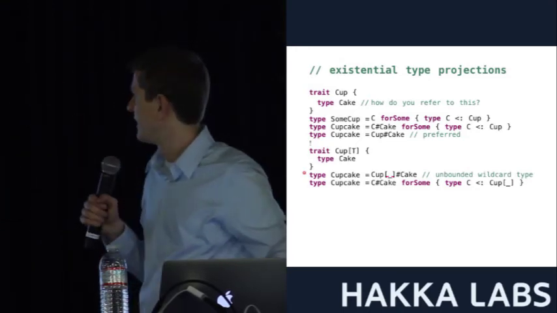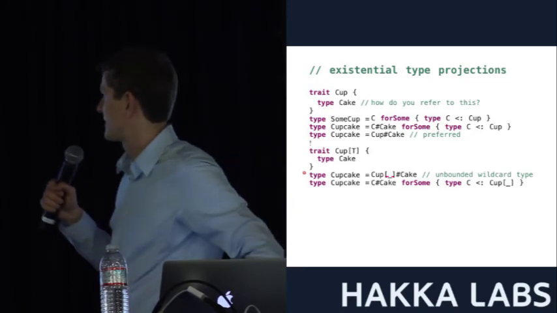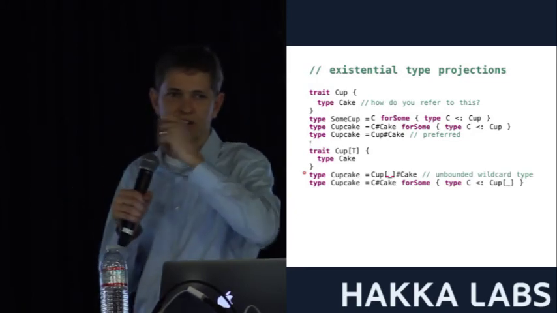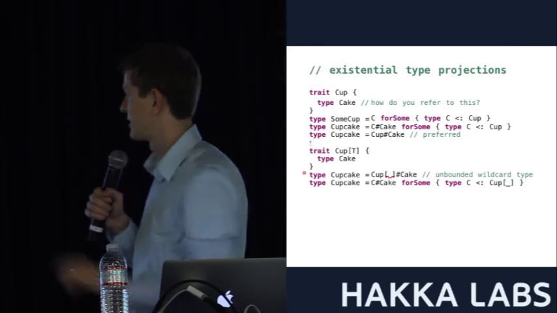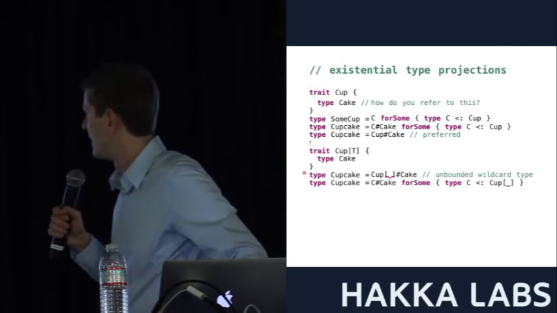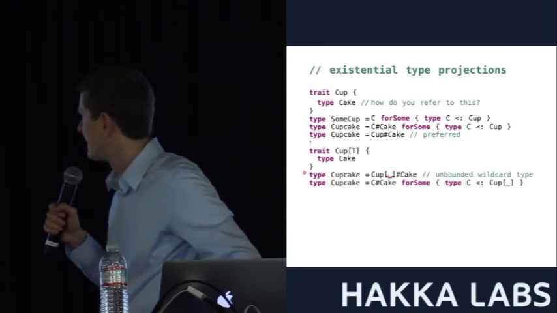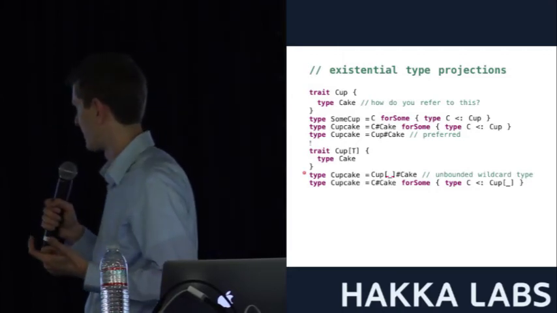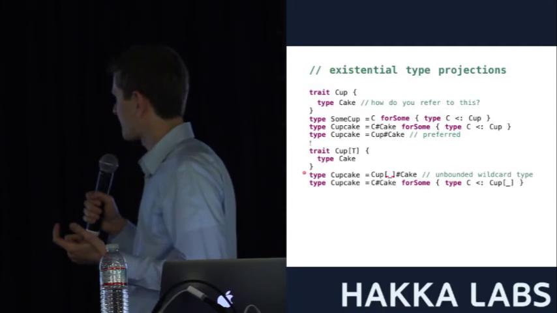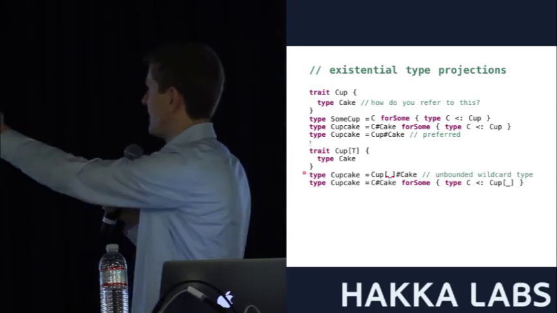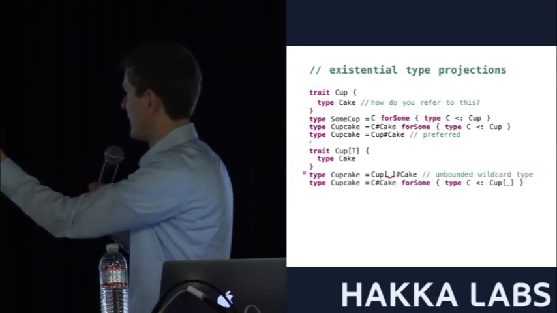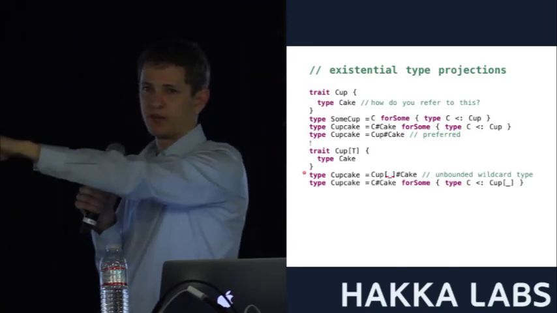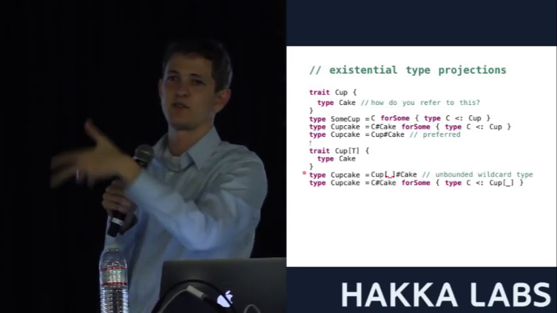You're just saying, hey, I've got some type of cup, and that's just like a normal type, in a really stupid way to put it. But it's useful for thinking in the simple case for when it gets more complicated. And so, to refer to that inner type, you say, hey, I've got some type of cup, and then you take a type projection from that existential type.